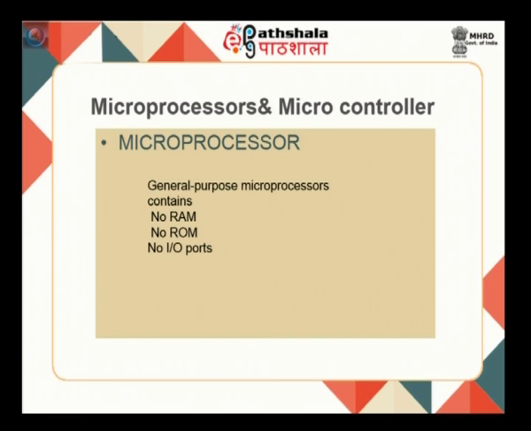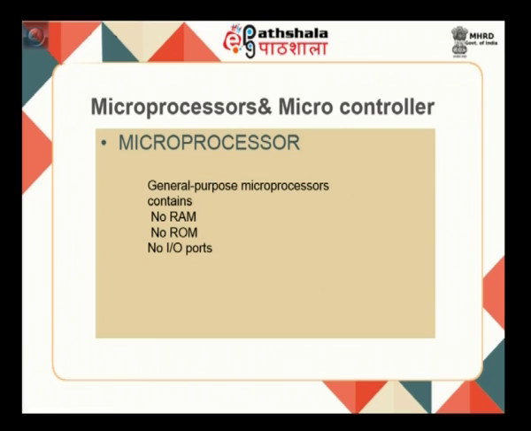So, when I am looking at the intelligent CPU of an embedded system, I have two kinds, one is microcontroller, another one is microprocessor. First we will see how the microprocessor looks and how the microcontroller looks. A microprocessor is whatever processor we are using, 386 or 486 or Pentium processor, 8085 or 8086 or Z80.